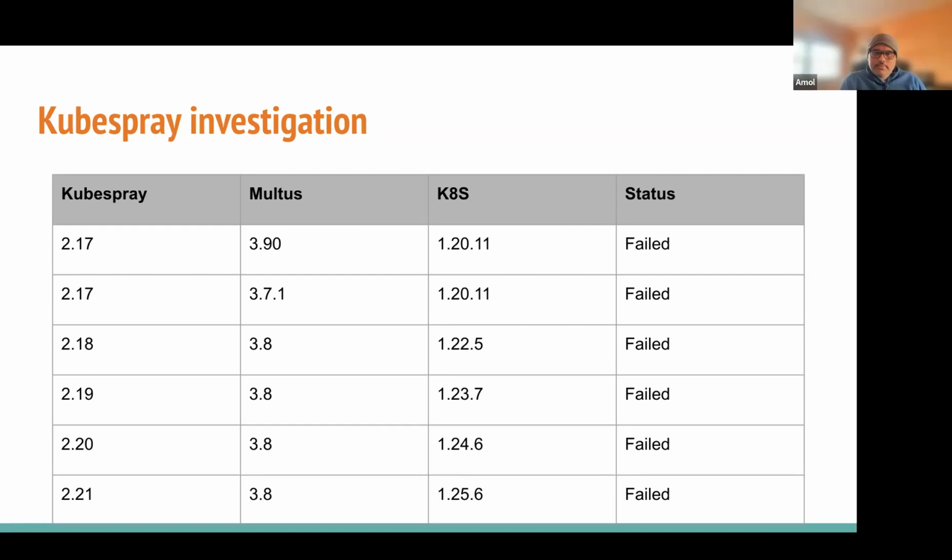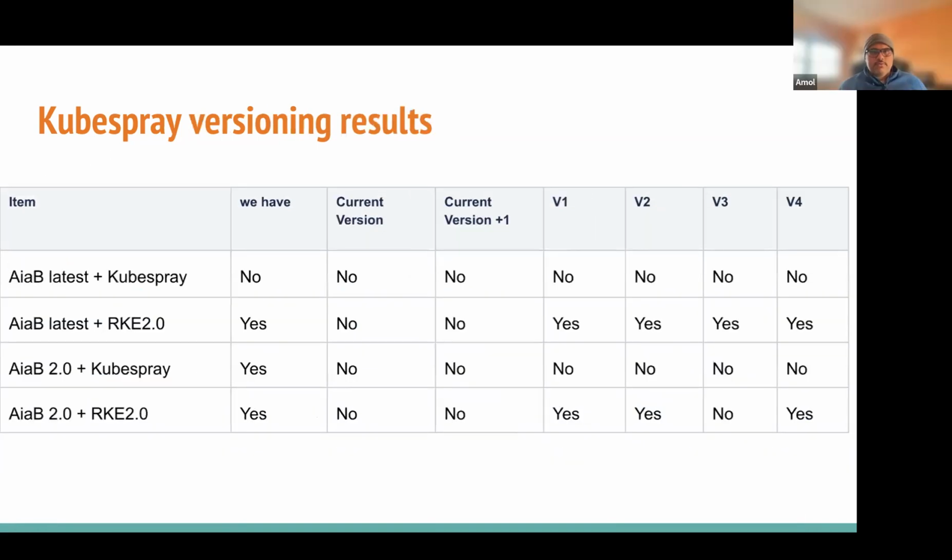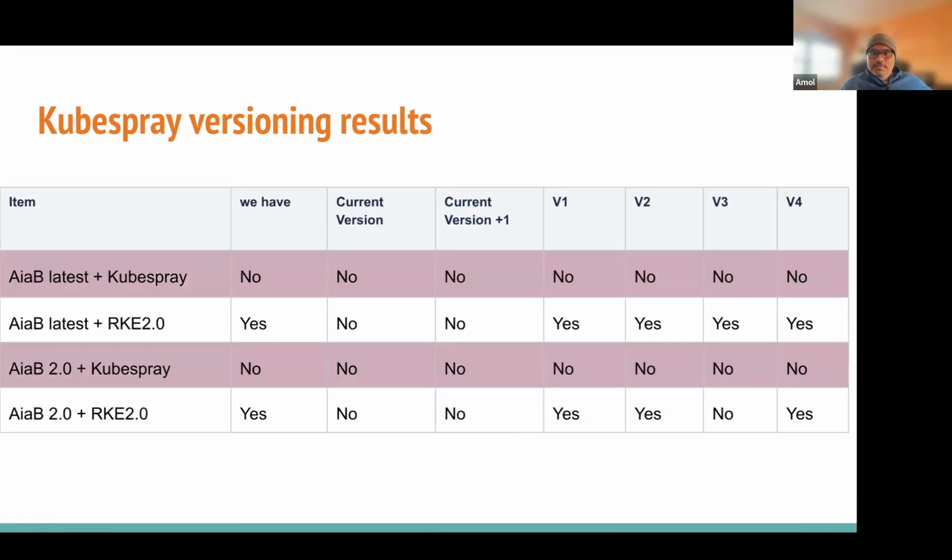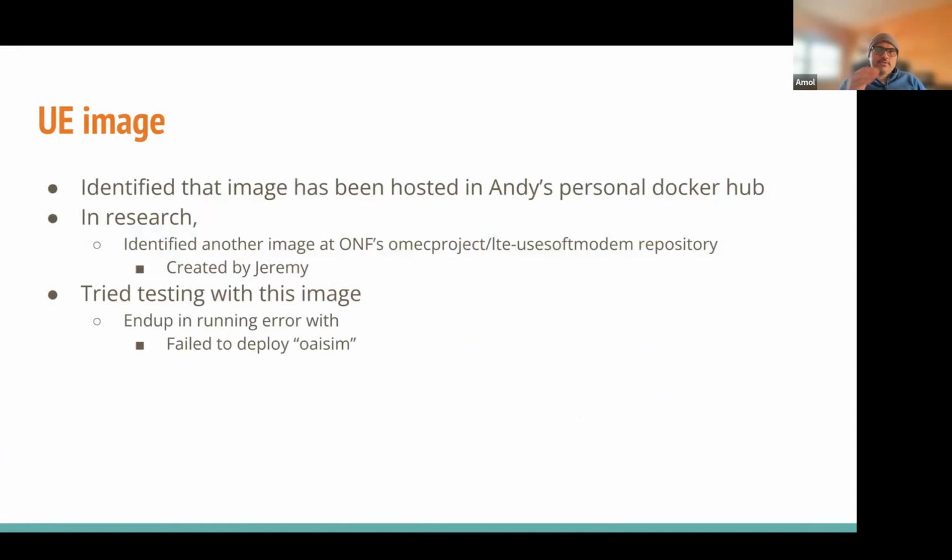Okay, thank you. Why don't I let you continue. Okay, so that was the investigation regarding Kube Spray. The next is the UE image. It was identified that Andy's personal repository has the UE image. So in the search, I found that there is one more image which was created by Jeremy under the OMEC project, ONF's OMEC project.